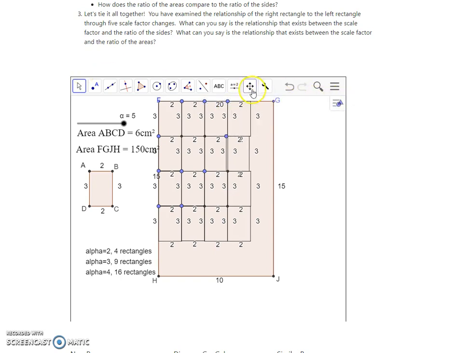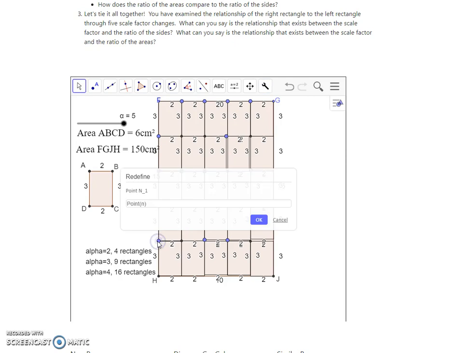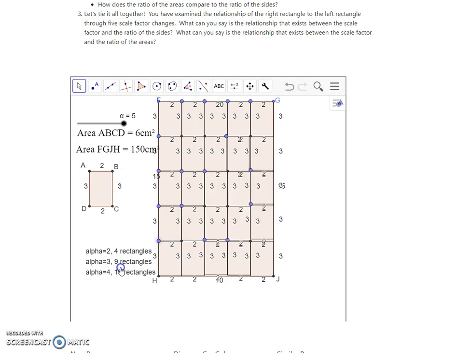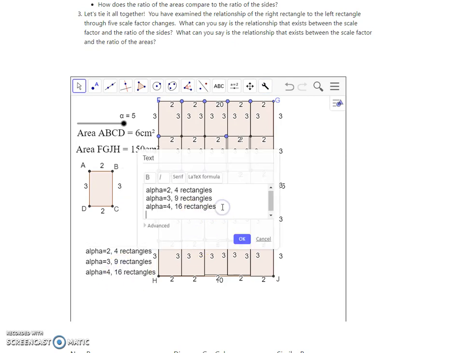And then I have 17, 18, 19, 20, 21, 22, 23, 24, 25. So here, when my alpha, my scale factor, was 5, it took 25 rectangles to fill it in.